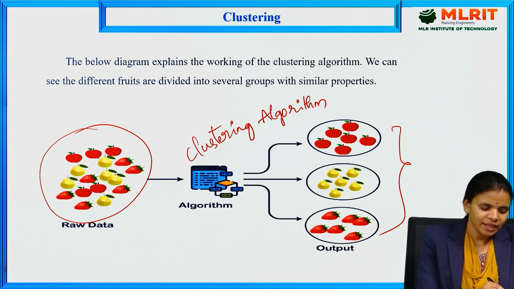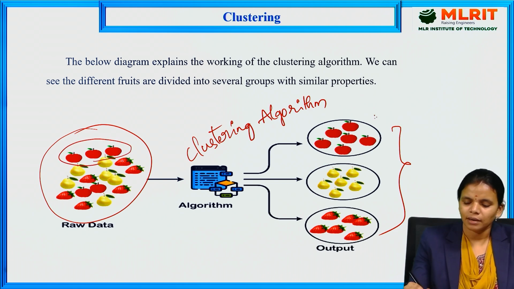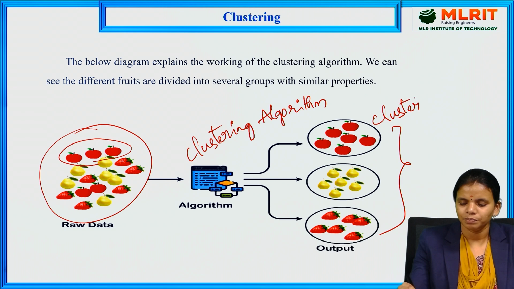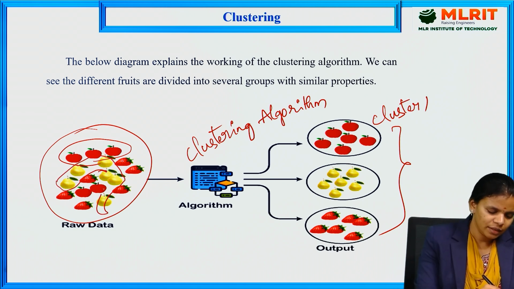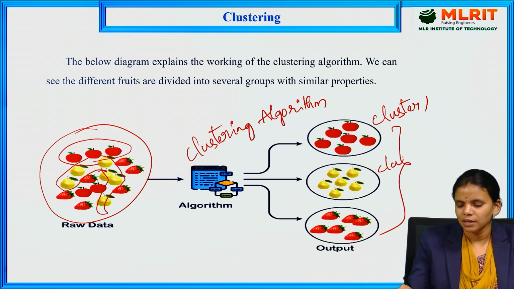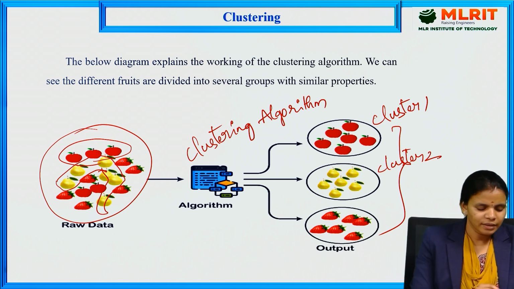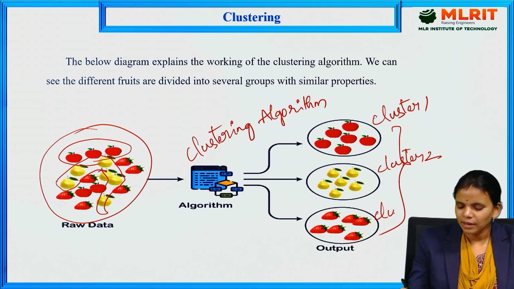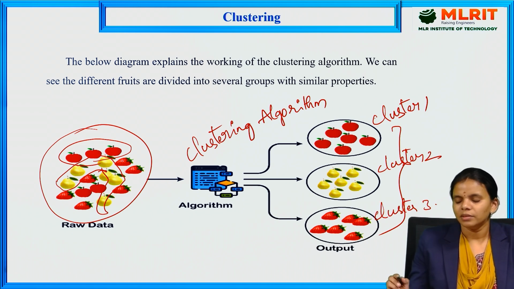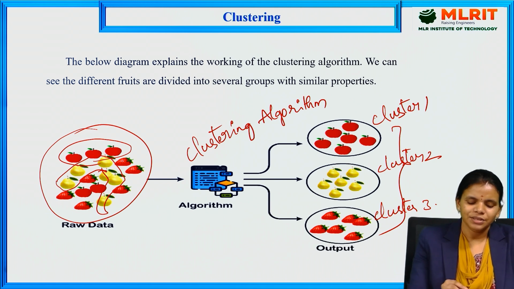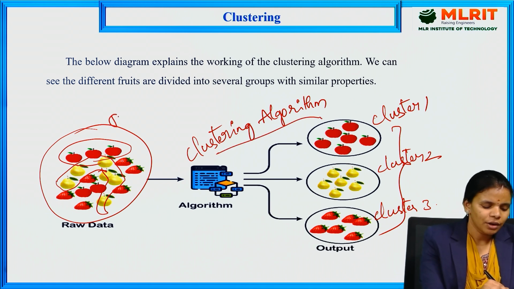Here the data points with the same patterns are formed as cluster 1, these type of images are clustered as cluster 2, and the remaining data points are grouped as cluster 3. So this is how a clustering algorithm works on the raw data.